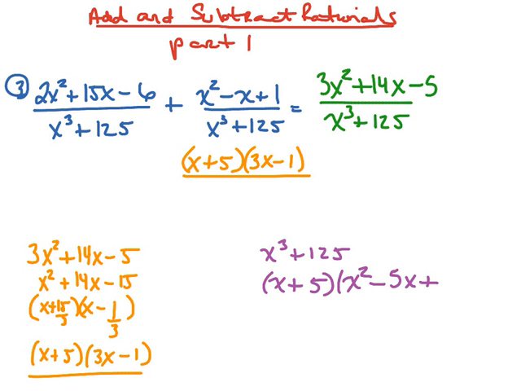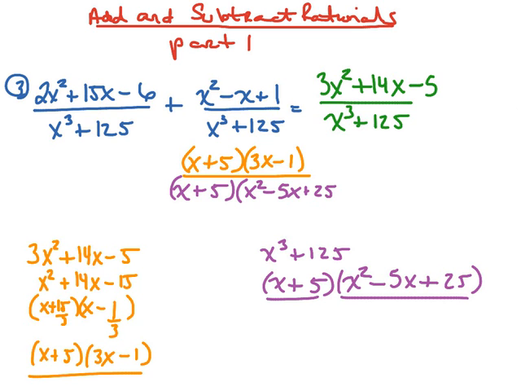So if I square the 5, that would give me a 25. So these are my two factors of x to the third plus 125. Again, this is called the sum of cubes. So let me bring those factors over. I've got x plus 5, and I've got x squared minus 5x plus 25.